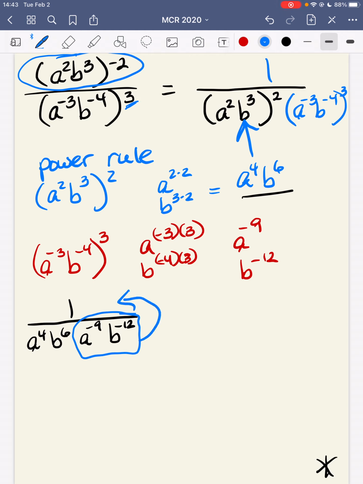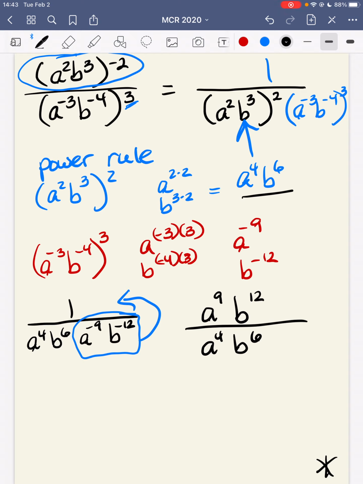Sometimes I like to be a little particular because I see that things are probably going to cancel, so I'm going to make sure to line my a's and b's above each other. Okay? And so I'm going to go ahead and move my a to the negative 9 up to a positive 9. My b to the negative 12 is a positive 12 in the numerator. And then I have a to the 4, b to the 6th.